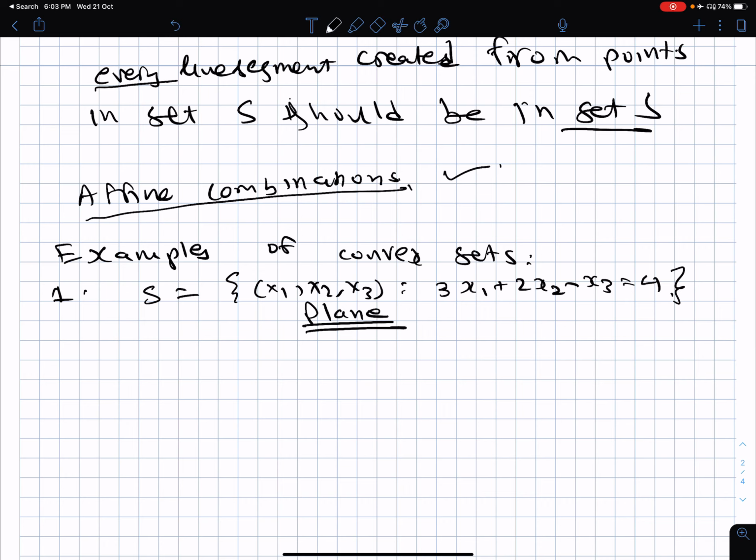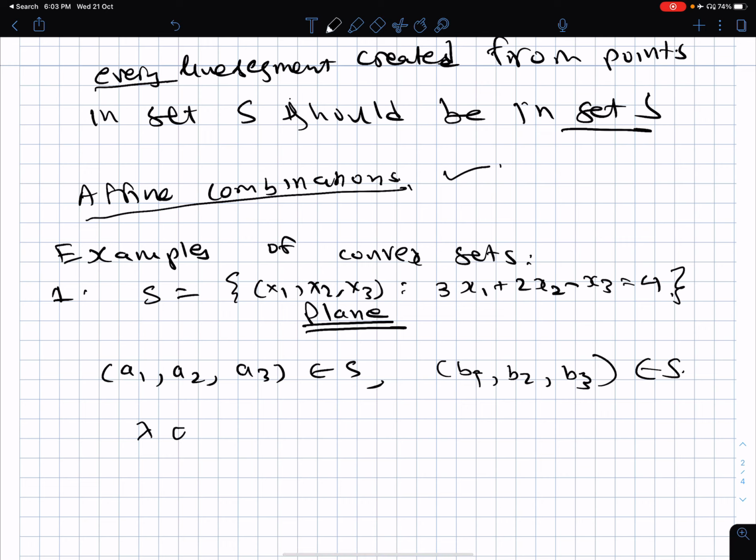So let's say that I have a point (a1, a2, a3) on the plane, and another point (b1, b2, b3) also from here, and I look now at a convex combination.